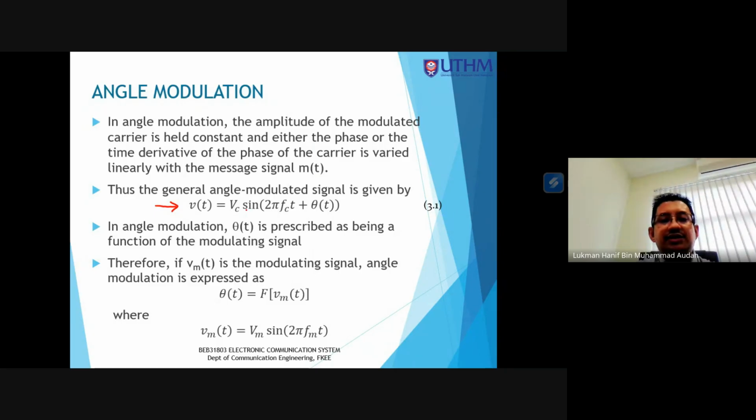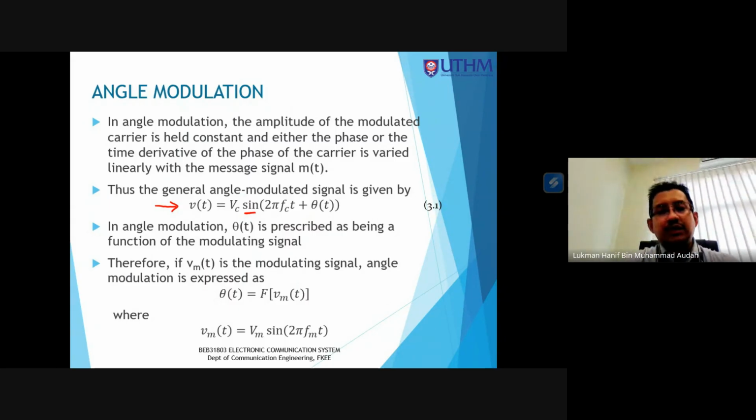In some other literature books, you might see that they are using a cosine function. It doesn't matter whether it is a sine function or cosine function, both are correct. I also would like to suggest you to make a big bracket like this, because everything inside here belongs to the sine function.